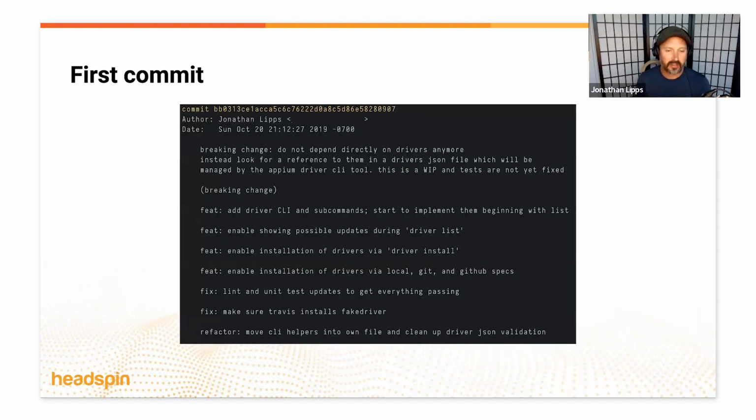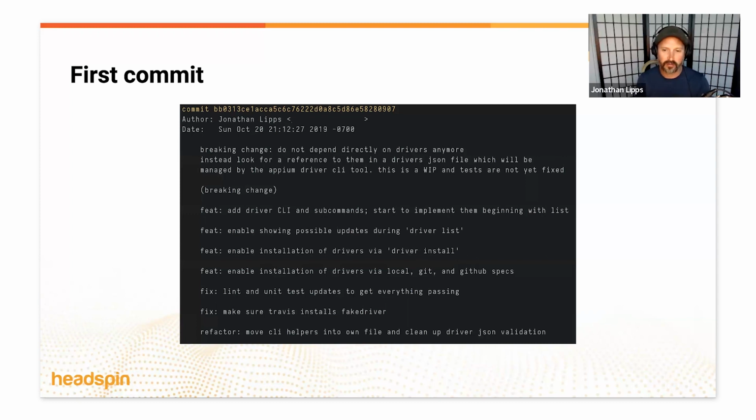As a bit of trivia, this is the first commit that was made to Appium 2 branch. It actually is a pretty large commit, so this was probably weeks of work for this one merge.